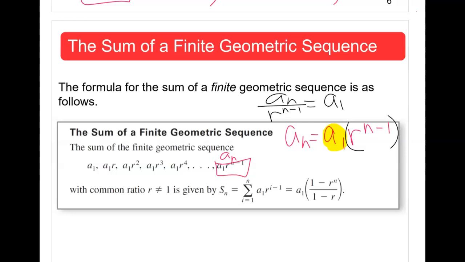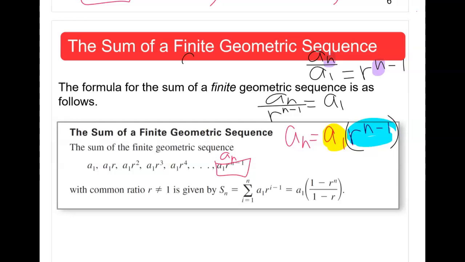Or let's say that you know the 7th term and the first term and you have to find the common ratio. Well, you could also solve for the common ratio, and that will be the common ratio to the power n minus 1 equal to a sub n divided by a sub 1. Here you will have to actually know the term, not just n, for example, the 7th term.